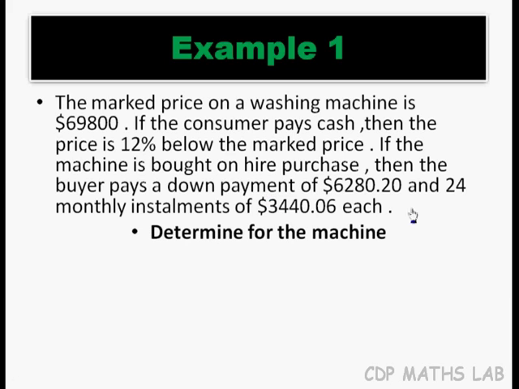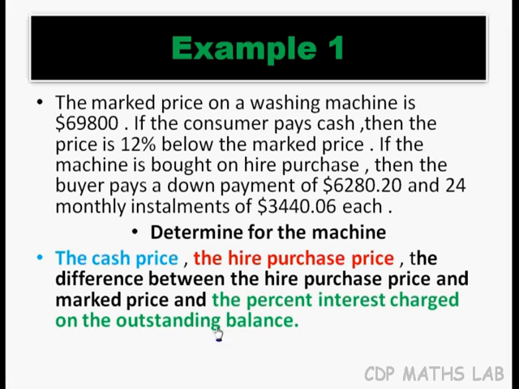Now, you're going to determine for the machine: 1. The cash price, 2. The hire purchase price, 3. The difference between the hire purchase price and marked price, and lastly the percent interest charged on the outstanding balance.